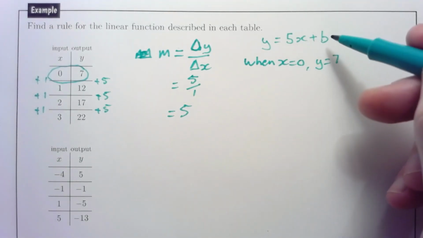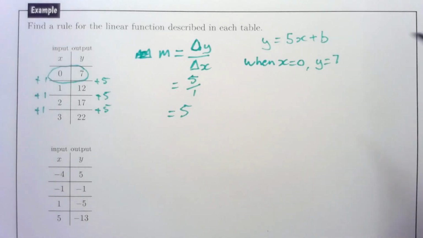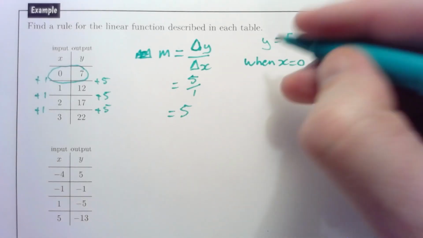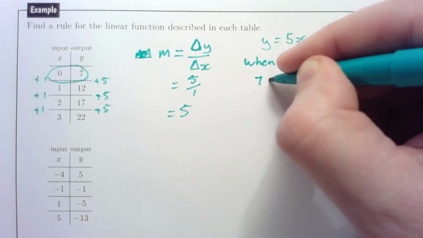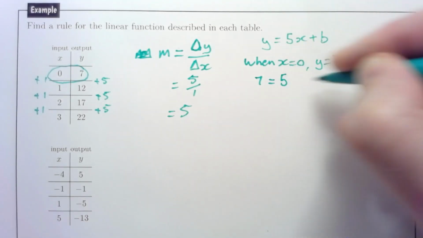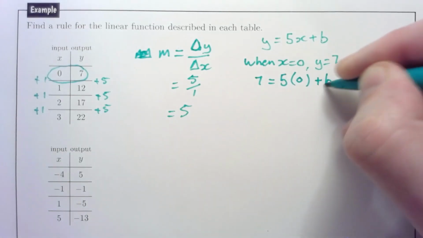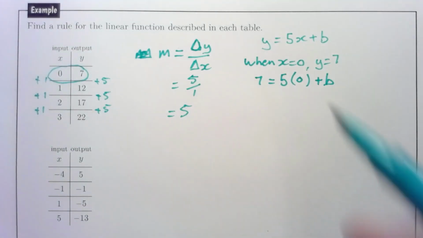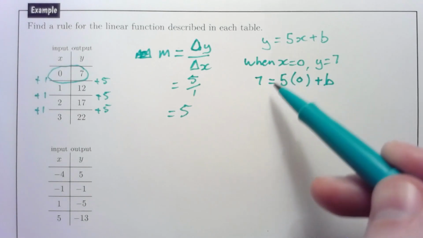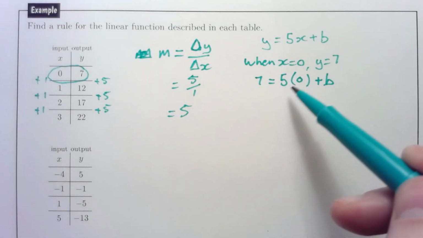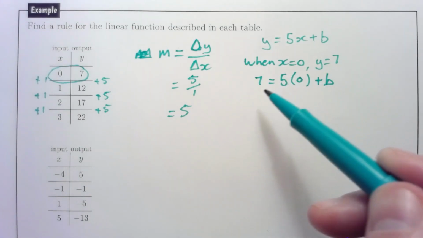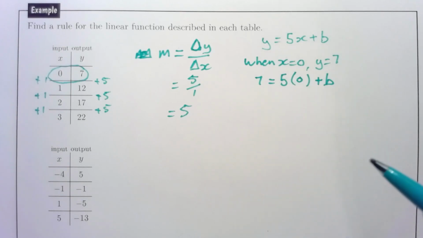Taking these values, we can substitute them into our rule that we have so far. So y is 7. We've got our 5. X is 0. And then we've got our b, which we don't know yet. 5 times 0 is 0. So what this is saying is that 0 plus b is equal to 7.